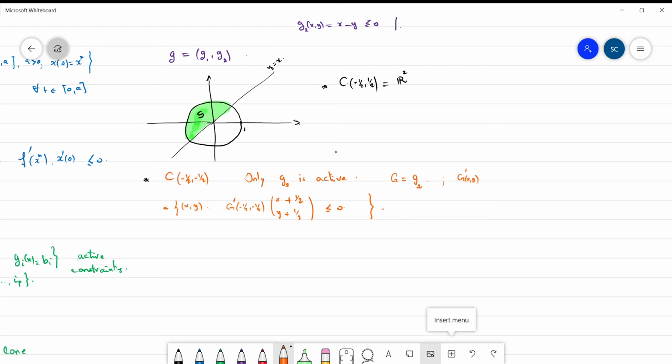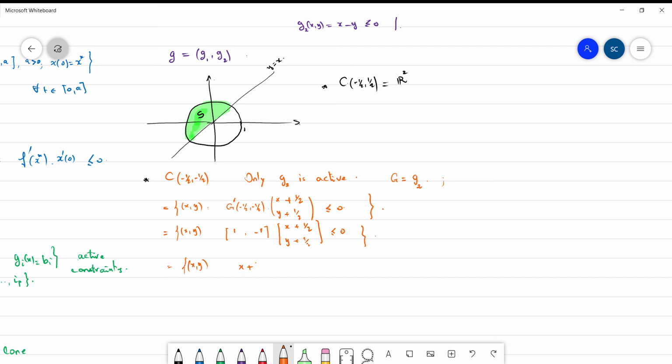Let's do the calculation directly. It will be the set of (x, y) such that G prime, my derivative with respect to x, is 1 and with respect to y is minus 1, applied to the vector (x + 1/2, y + 1/2), is negative.